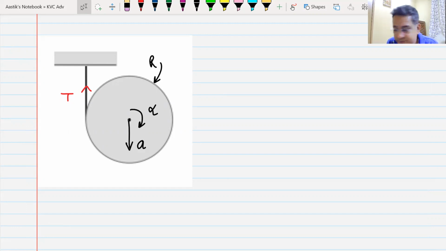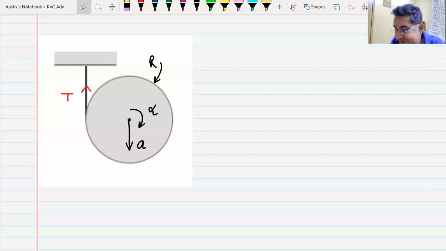Sir, alpha equals a by R. Alpha is equal to a by R. How did you get it? That is correct, but the logic must also be correct. If the logic is not correct, then you just got it by guessing. Why is a equal to alpha R? That is the correct answer.